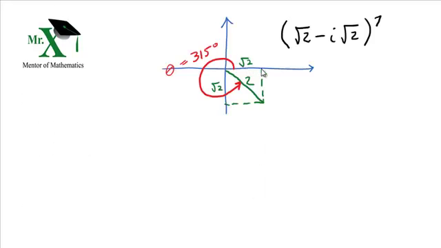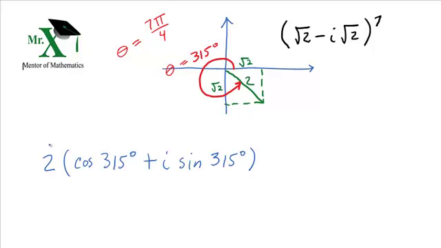Square root of 2, square root of 2, this length is 2. What's the angle? 315 degrees. Or if you're in radians, theta would equal 7 pi over 4. I'm going to keep it in degrees. I believe that's what we're dealing with.